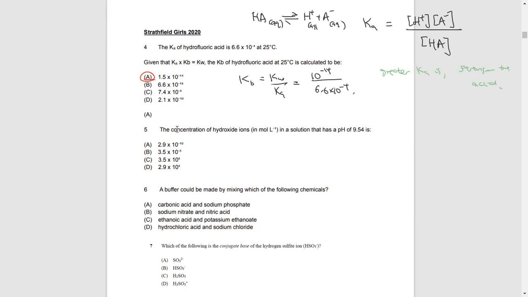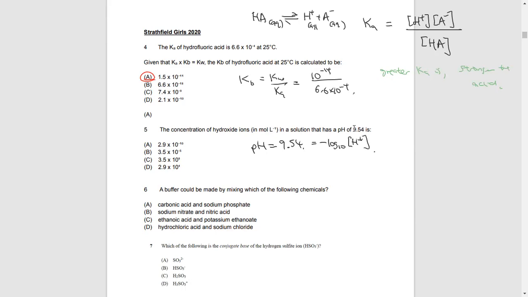Here, you've got the concentration of hydroxide ions in mole per liter in a solution that has a pH of 9.54. So your pH is 9.54. You might recall that that is negative log base 10 of H plus.